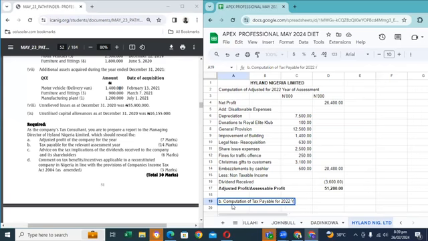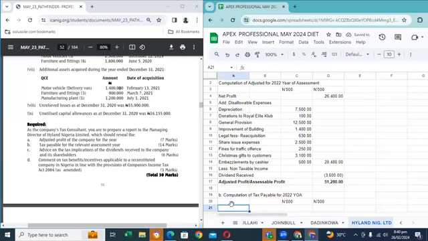We have adjusted profit. How much adjusted profit? 120.